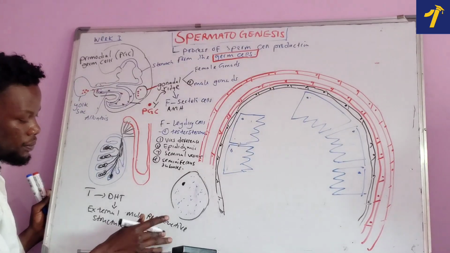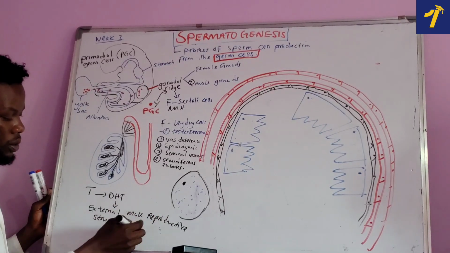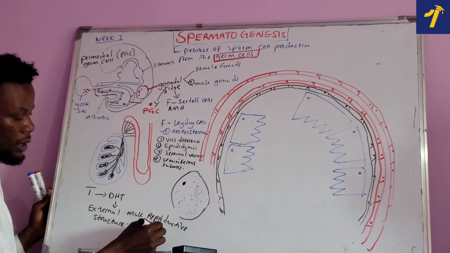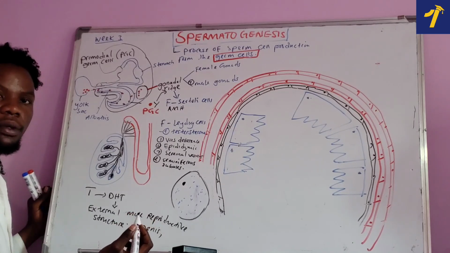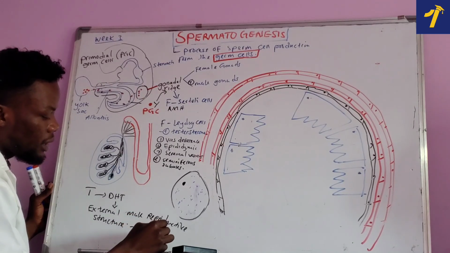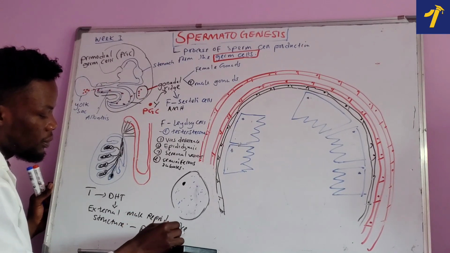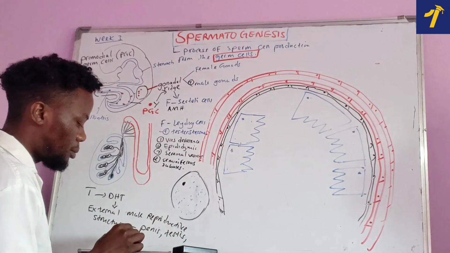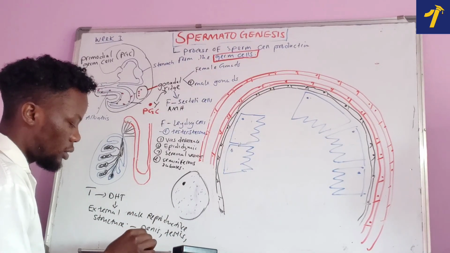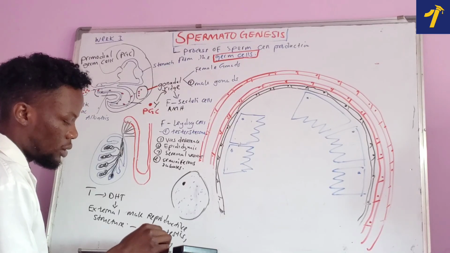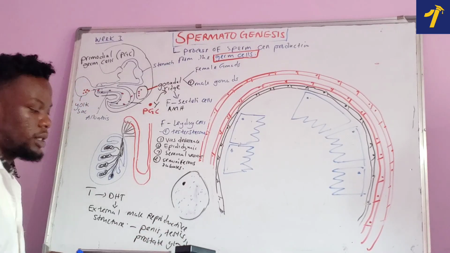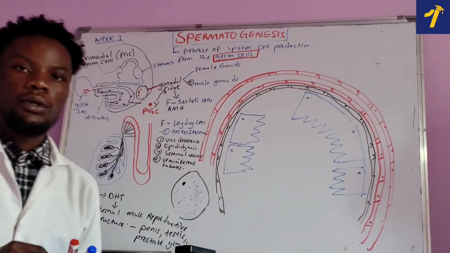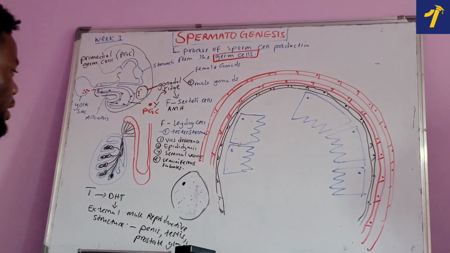The penis, maybe the testes, okay, what else? Maybe the prostate gland, etc. Okay, and many more. So these are the things that you need to understand.